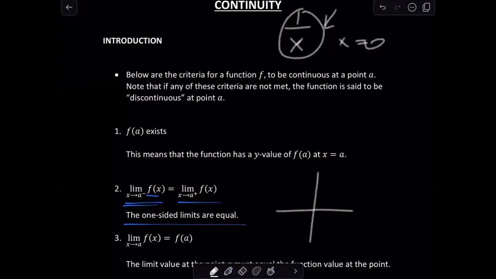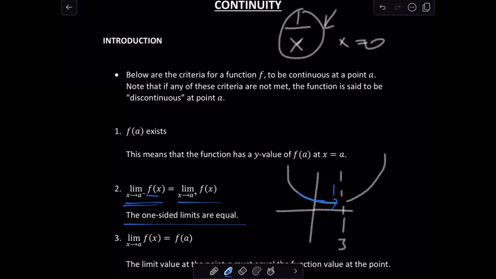Meaning, so let's draw a Cartesian point here, and here we have a function, and this is the other part of the function. So let's consider this x value here. Let's say that's x is equal to 3. As I approach 3 from the left-hand side, let's say it's approaching a y value of +1. It looks like that.